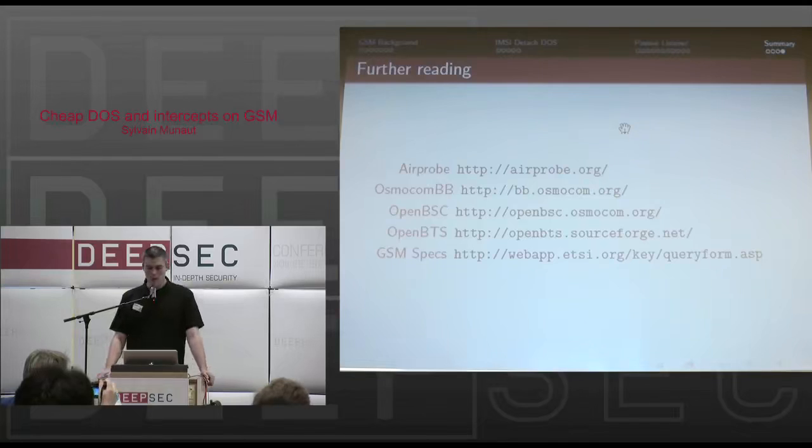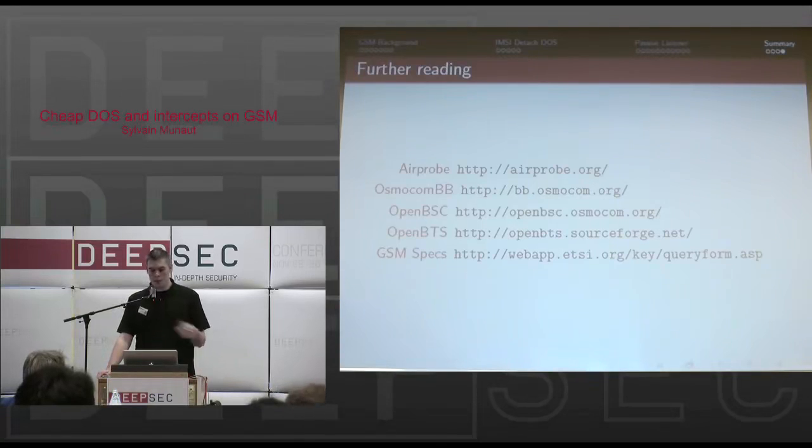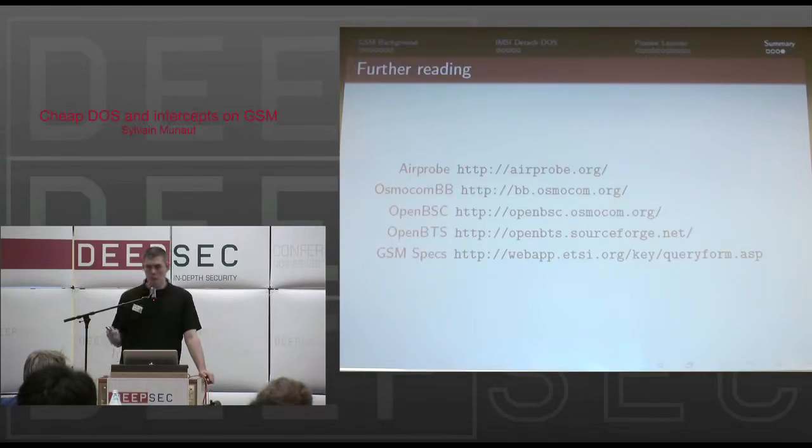Here are some references that you can read. Basically the AirProbe project, if you want to use the USRP to listen to traffic, and Osmocom BB for the software that runs on this phone. Also note that the sniffer code is in the Git now. It might not be the latest version, but I will push the latest version soon.